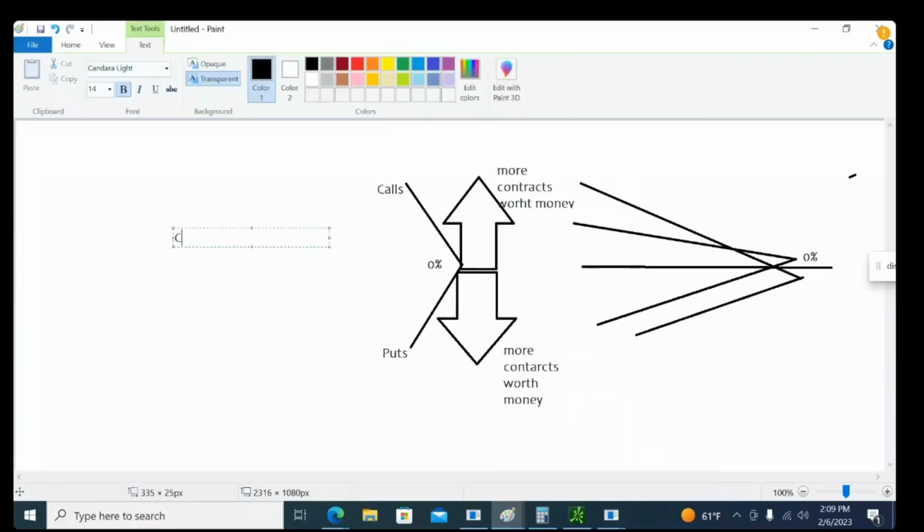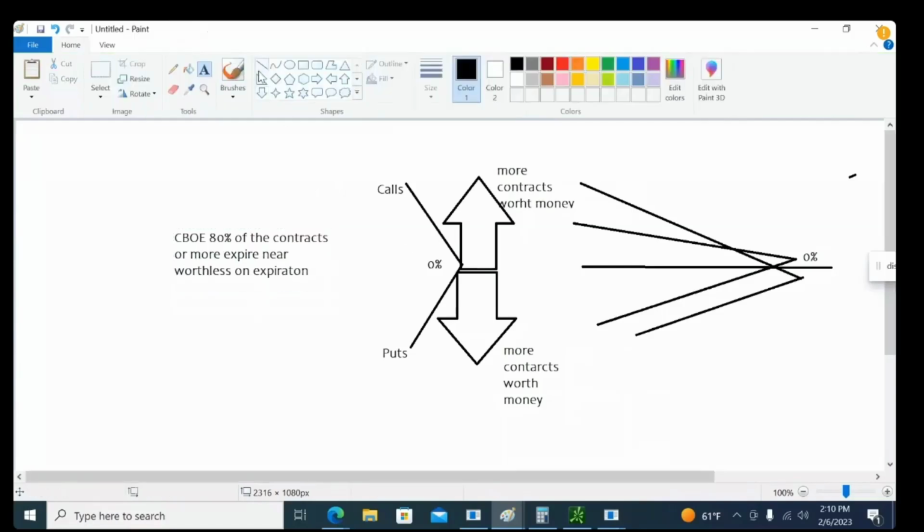Well, the CBOE found that, and I use this to my advantage. You can use it to your advantage. 80% of the contracts or more expire near worthless at expiration. So that defines a range for us.